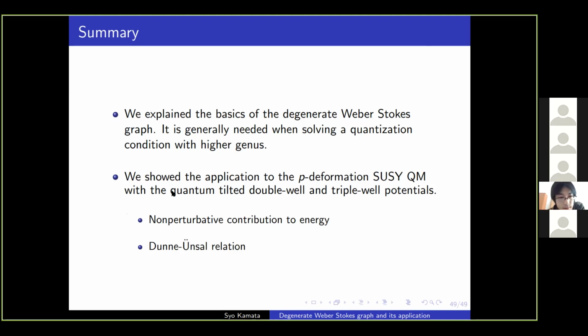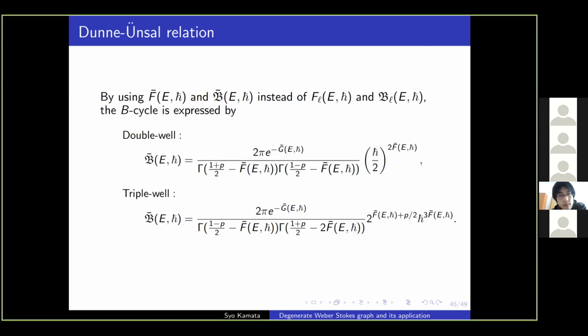I'm not familiar with the details of the exact WKB, so let me ask just a simple question. From the beginning, I got the impression that by choosing an energy variable E, the ARA type Stokes graph can be turned into the Degenerate Weber type. So at this point, it looks like just a technical matter.